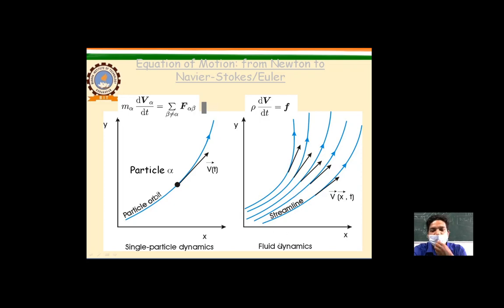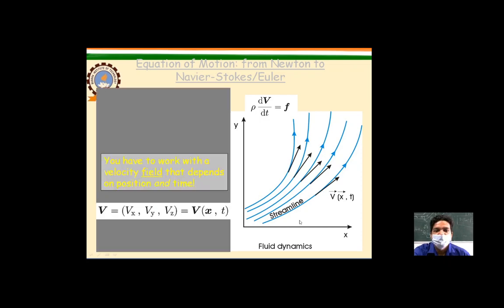And for fluid dynamics, because the fluid particle exists in that case, the streamlines would be plotted more than once. You have to work with a velocity field that depends on the position as well as time.